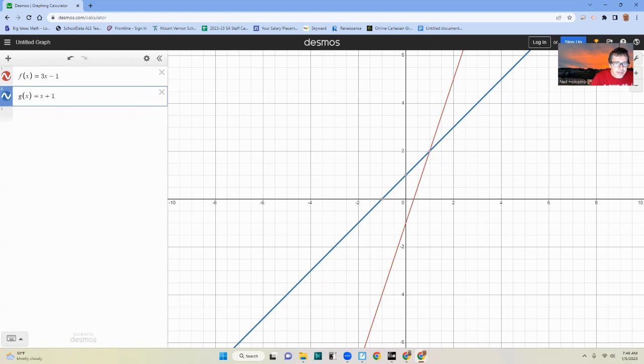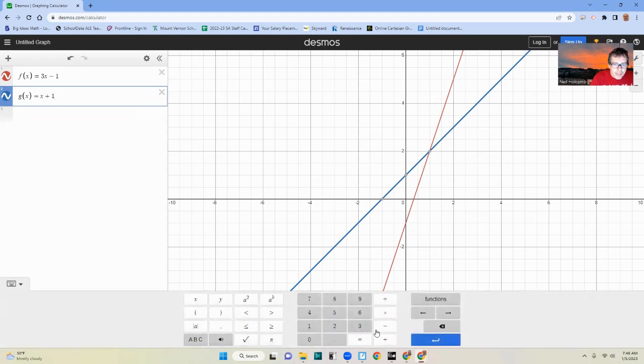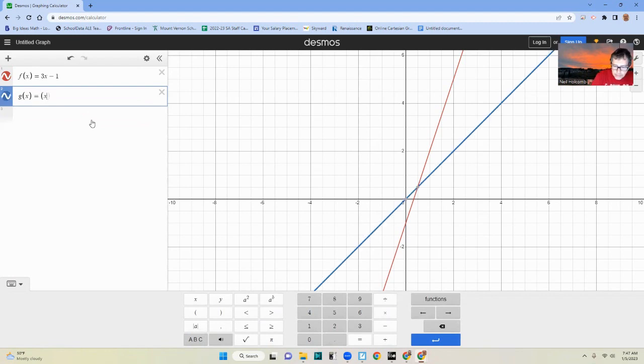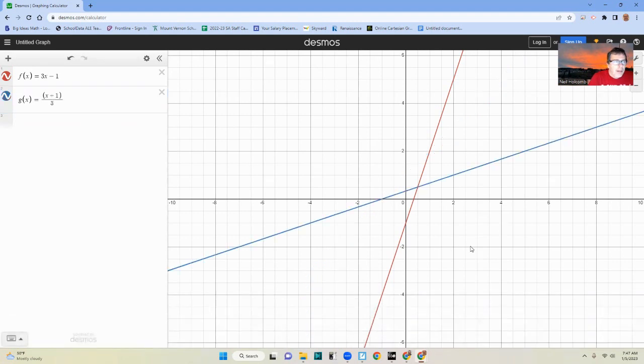Let me see if I did that right. Let me see if I hit divide in here. Yeah, I didn't think so. Okay, so I need to put parentheses around this. So let me delete that. So it's going to be x plus 1 divided by 3. Okay, so that is the function that we got when we switched x and y and found the inverse.